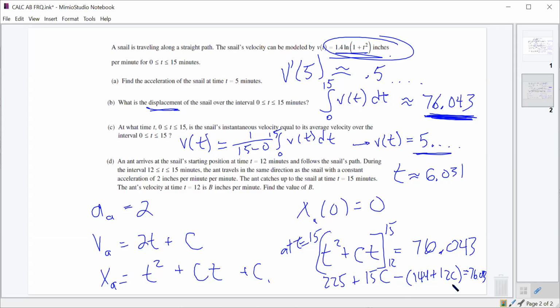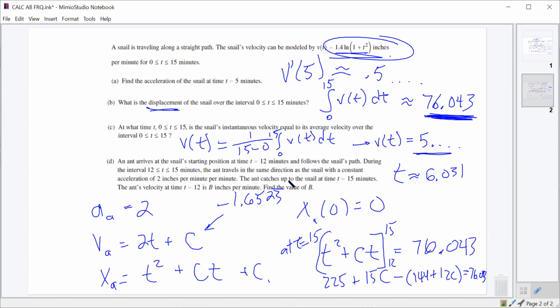Yeah, that makes sense. Okay, so then we use that to solve for c. 76.043 minus 81 divided by 3 is negative, so that constant is negative 1.6523.